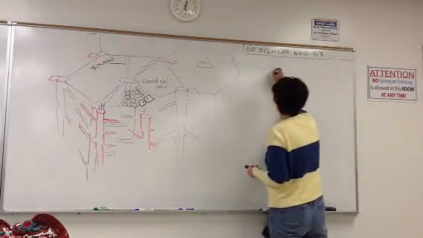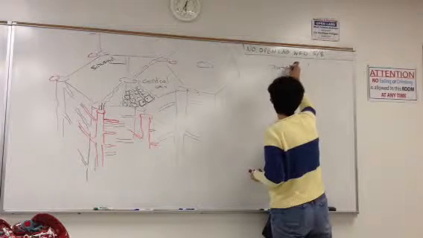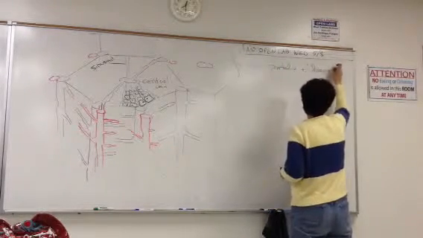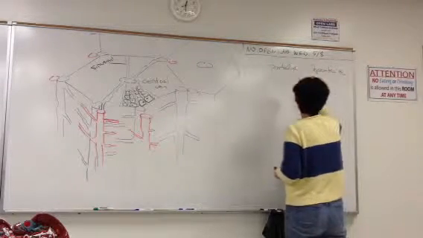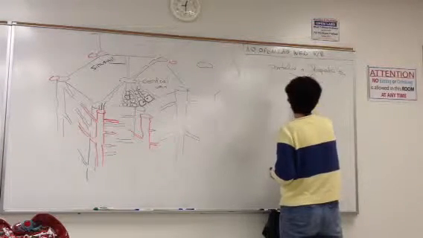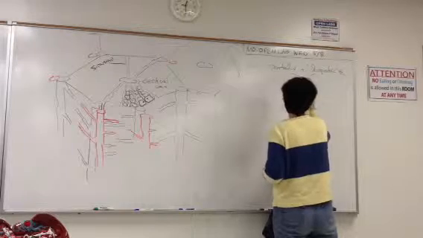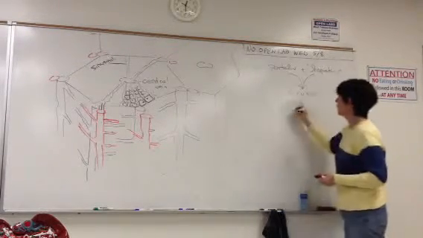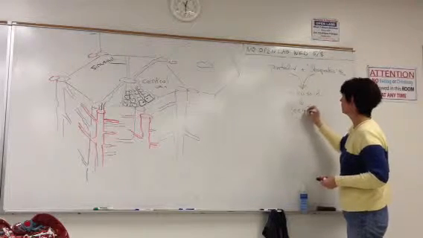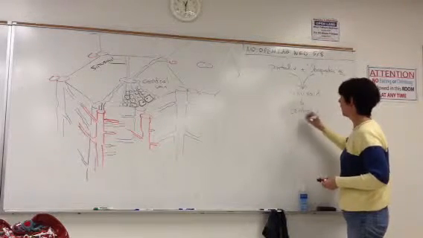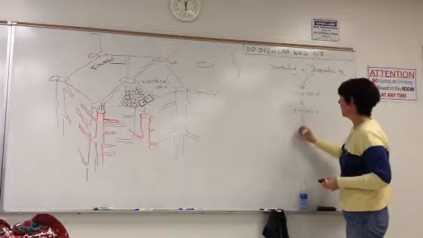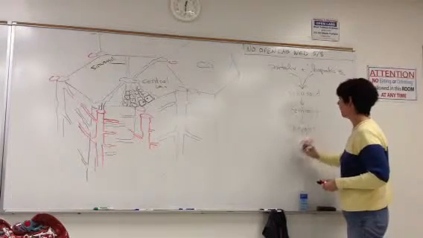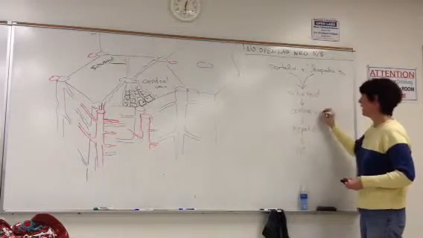So if we look at our blood flow, we're going to have portal vein plus hepatic artery. These come together to flow through the sinusoid. That then flows into the central vein. And the central vein then flows into the hepatic vein. And that flows into the inferior vena cava.